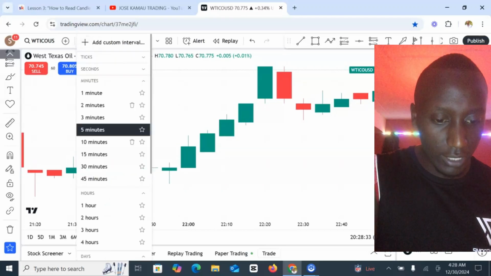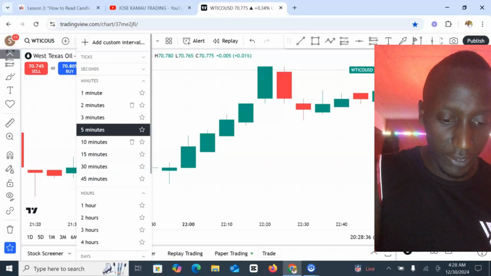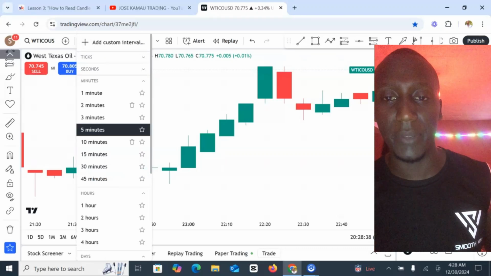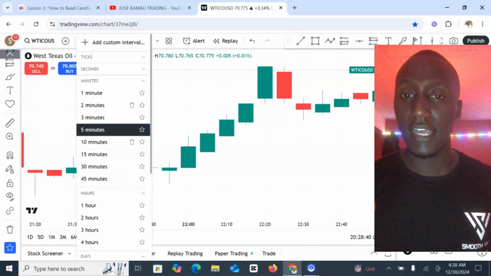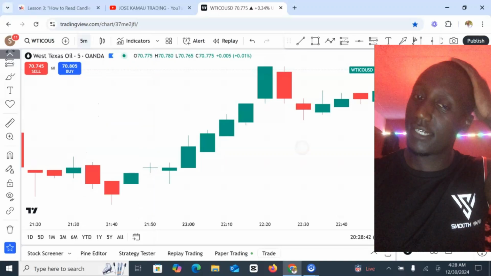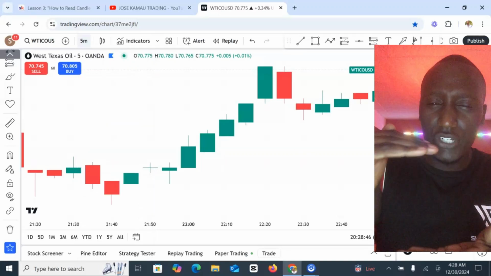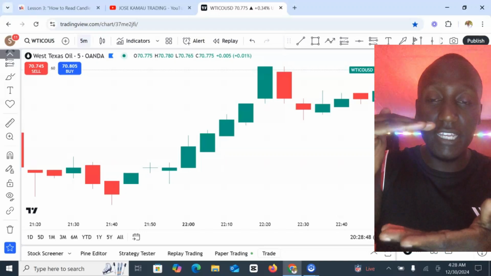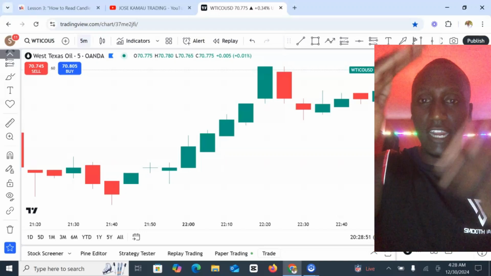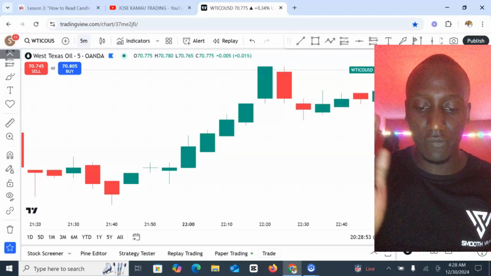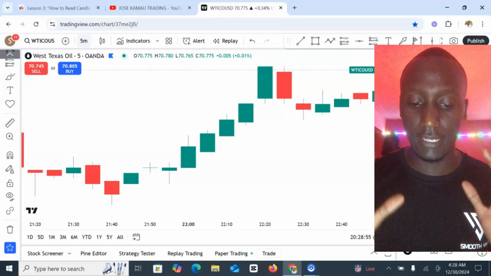So if you look at here, we have the 5 minute, 10 minute, 15 minute, 1 minute, daily, 1 year. And what that means is that you are being shown the activity of price in any given time. So in a defined period of time, 5 minutes, 10 minutes, like that.